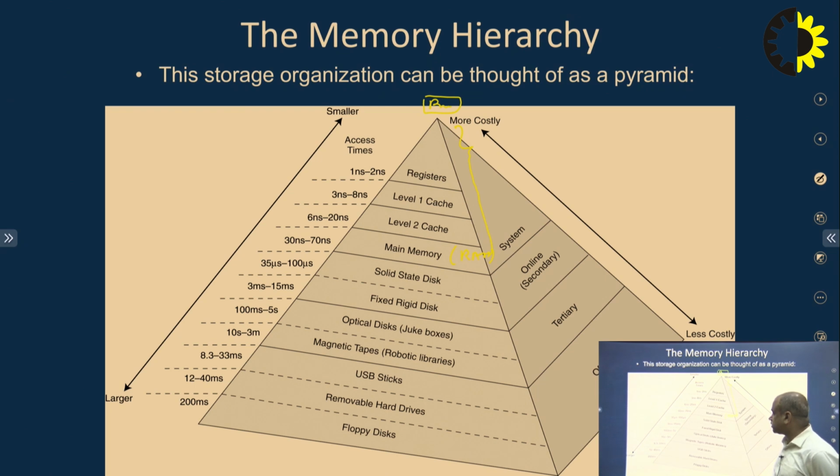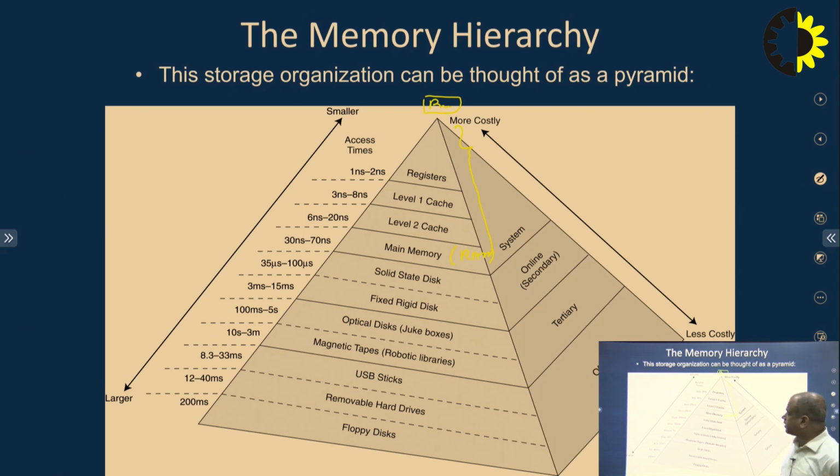Next is the fixed rigid disk, FRD. Next are optical devices, CD or DVD. Next is magnetic tape, which was used earlier but is rarely used nowadays due to some disadvantages. Next are USB sticks, removable hard drives and floppy disks.